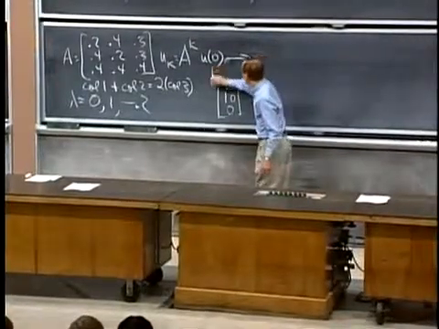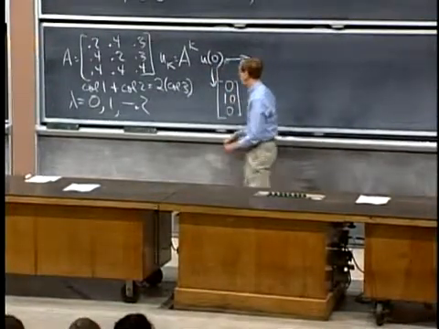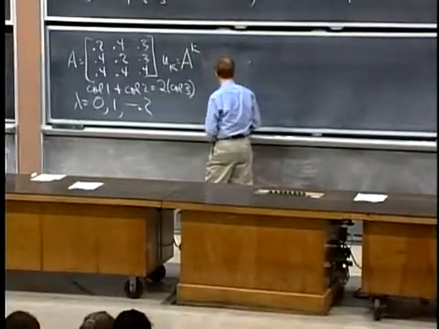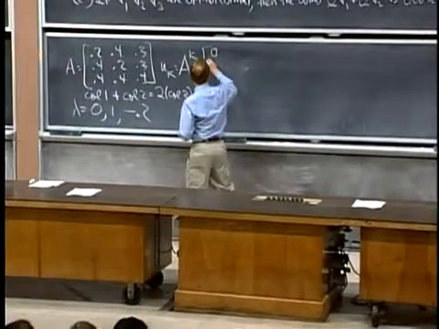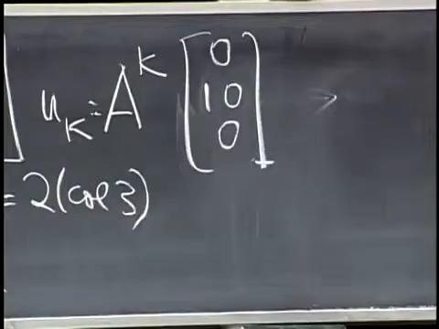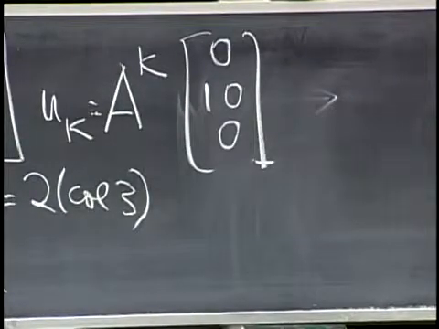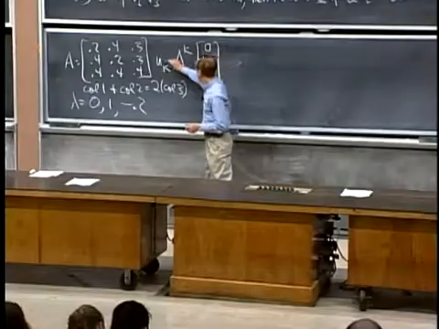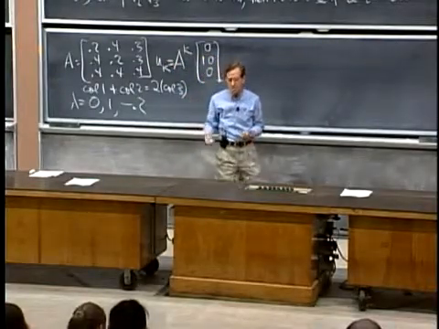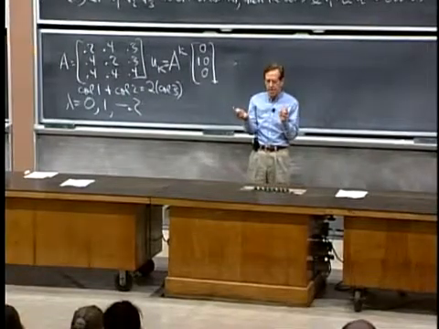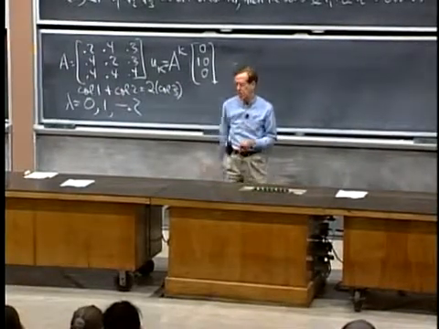A to the k, starting with 10 people in state 2, and every step follows the Markov rule. What does the solution look like after k steps? And then what happens as k goes to infinity?